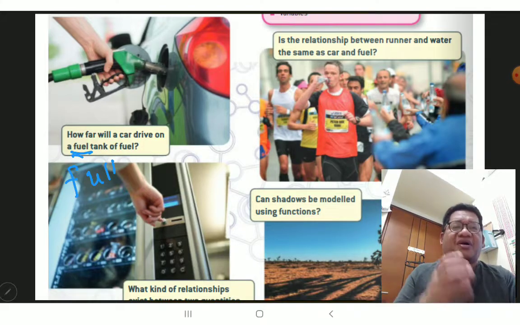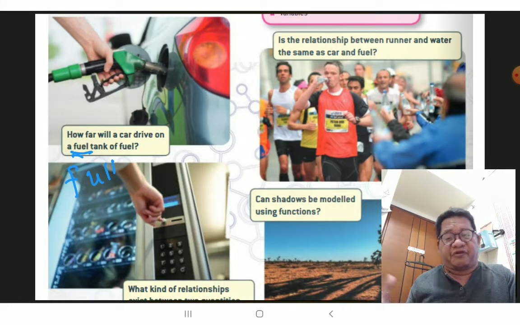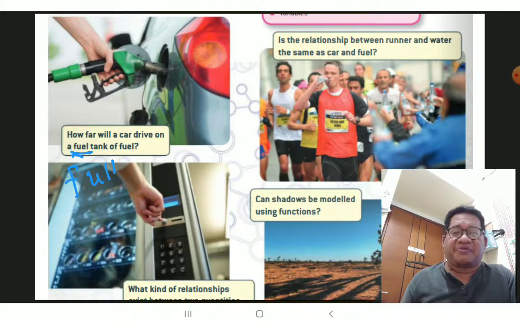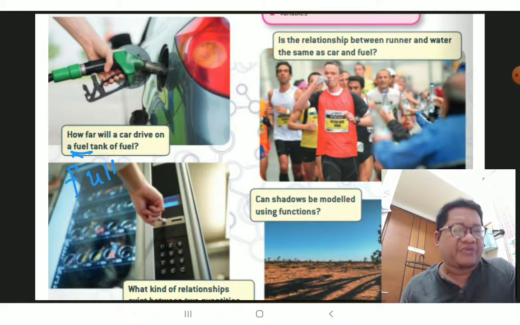How far will a car drive on a full tank of fuel? The slide is worded wrongly; it should be a full tank of fuel. If you have a full tank, would you travel around 100 kilometers or 200 kilometers? I don't know. That is actually part of the study.